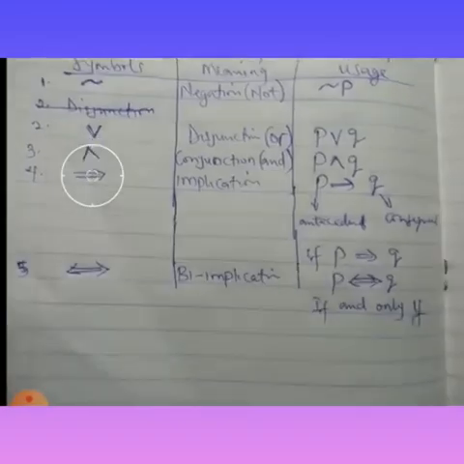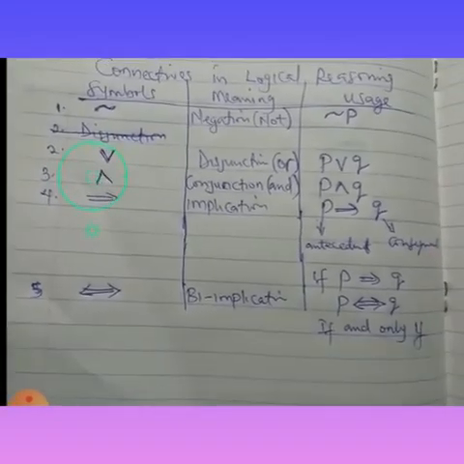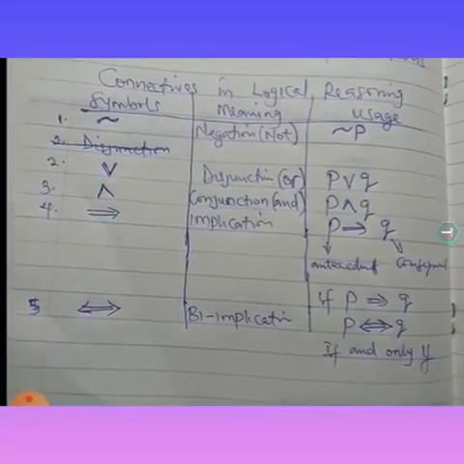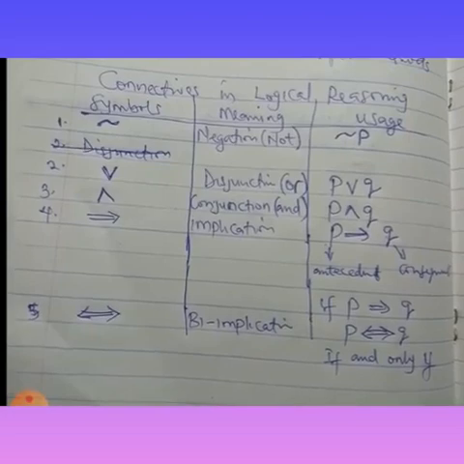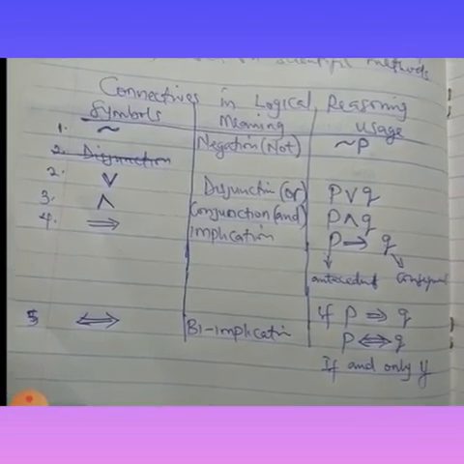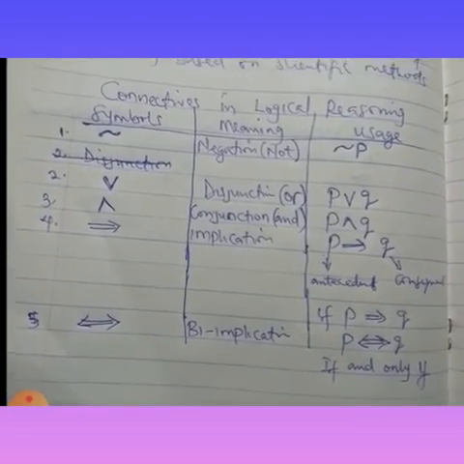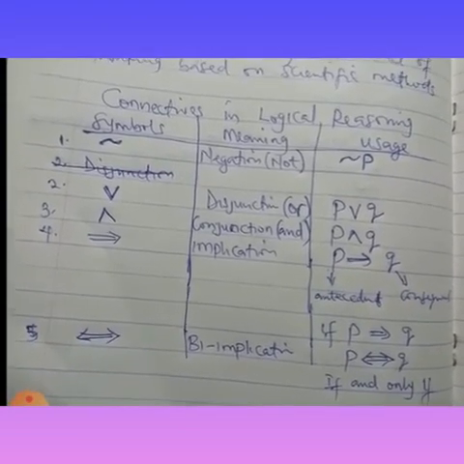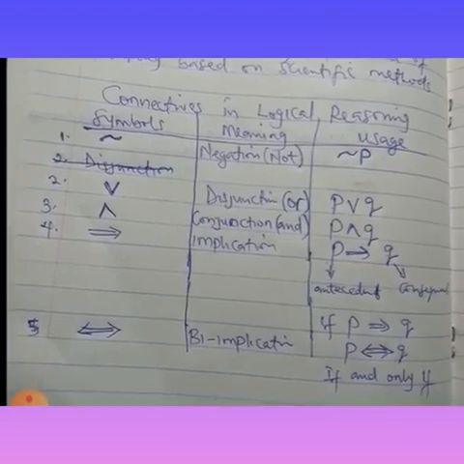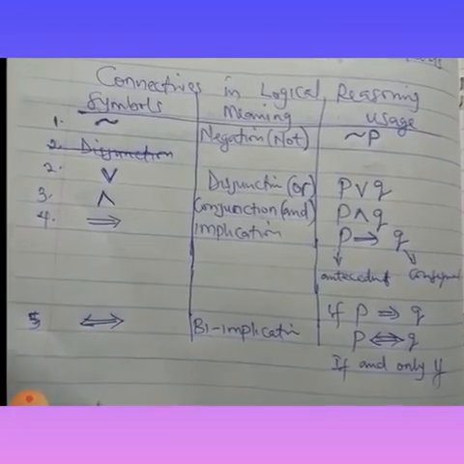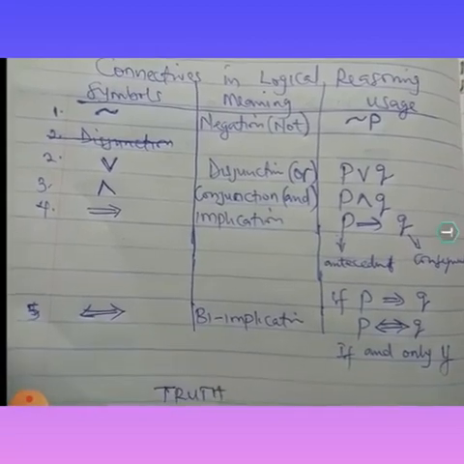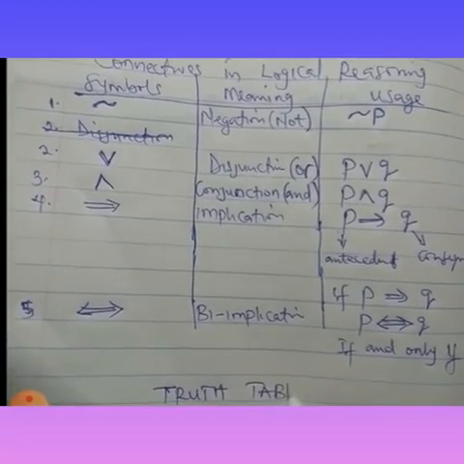So we are going to be using these connectives when constructing a particular statement using truth table, or when we are to validate an argument. Now, before we continue, let us look at how we are going to construct a truth table.